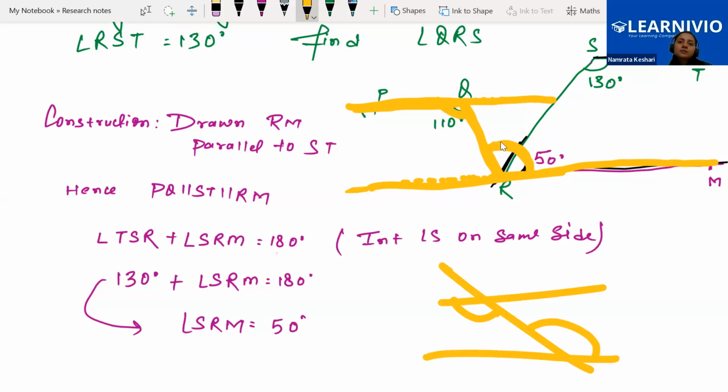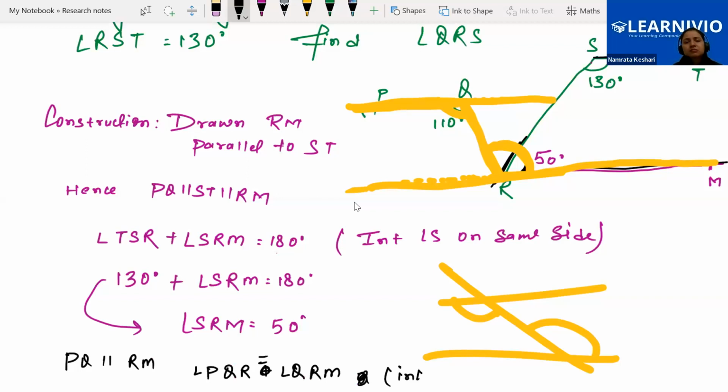Yes or no? We will be able to find QRS, right? We will say that since PQ and RM are also parallel, hence angle PQR and angle QRM, these two angles will be equal.